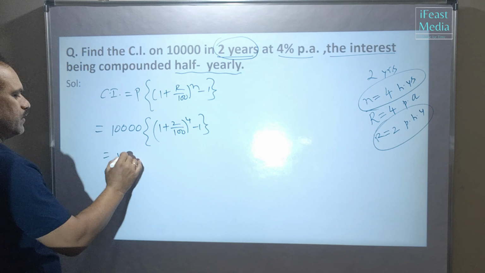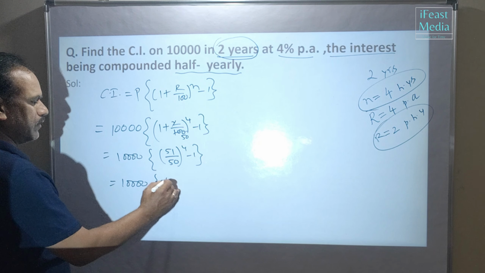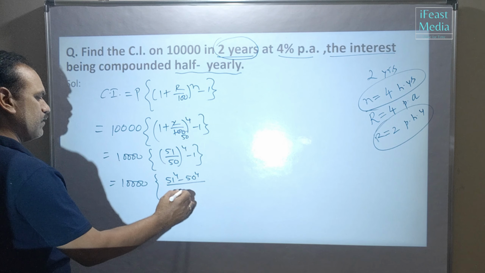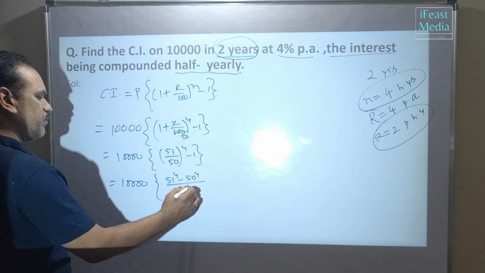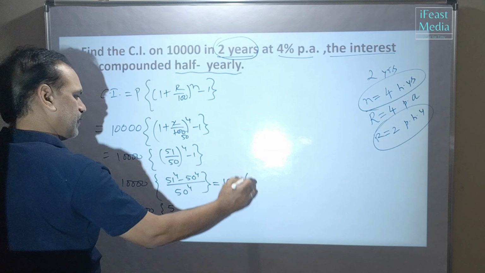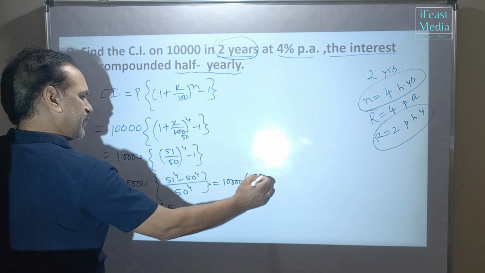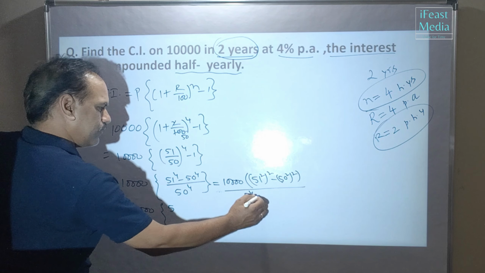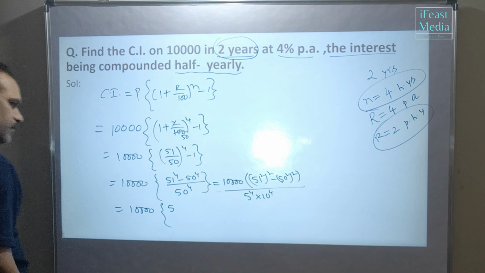So 10,000 into 51 power 4 minus 50 power 4 by 50 power 4. This you can write as 10,000 into 51 square whole square minus 50 square whole square by 50 power 4, which is 5 power 4 into 10 power 4, right?